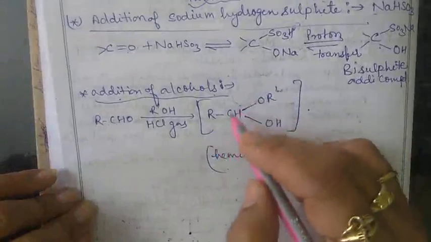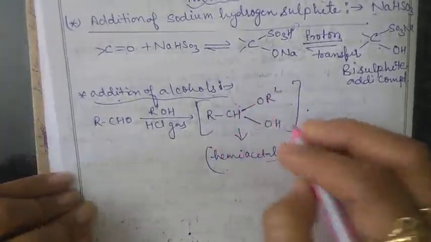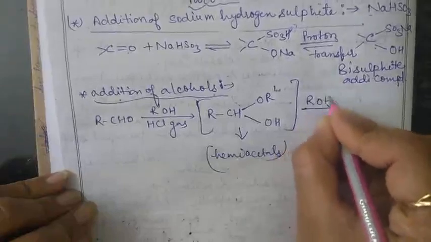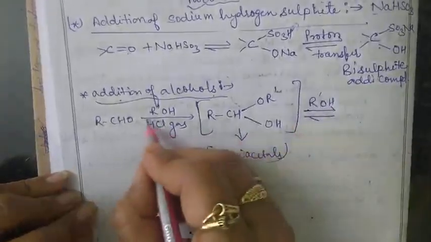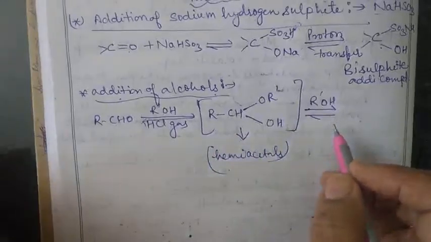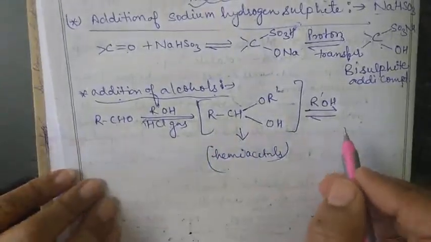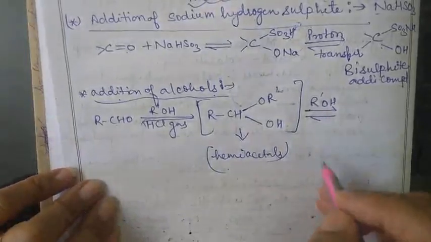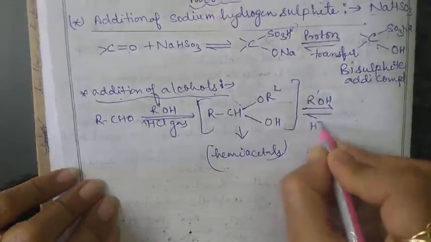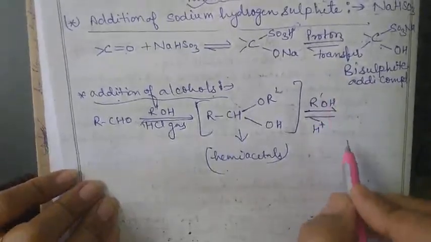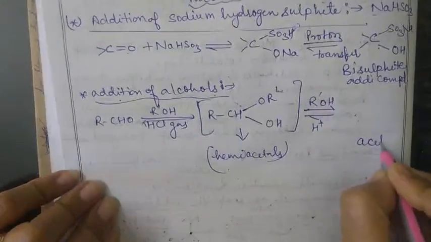Now this hemiacetal further reacts with one molecule of alcohol, ROH, to give a gem dialkoxy compound. That gem dialkoxy compound is known as acetal.